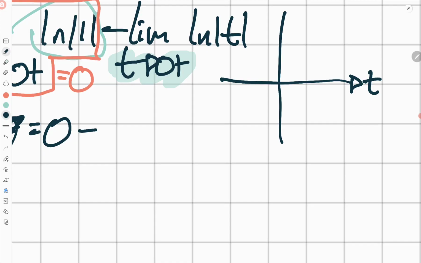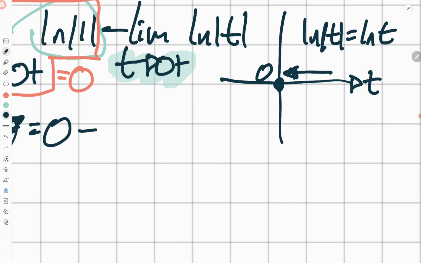Because t is going to 0 from the right side, if this is 0, then we're approaching from this direction. But that means that ln of the absolute value of t is just ln of t. You don't need the absolute value bars, because all the t's are already positive. You can just write ln of t to simplify.